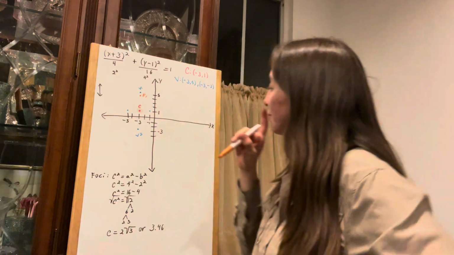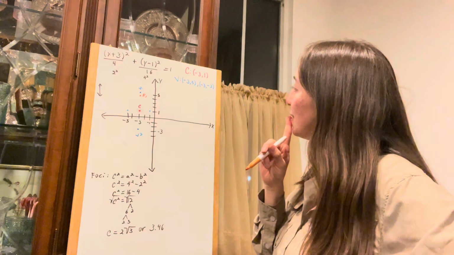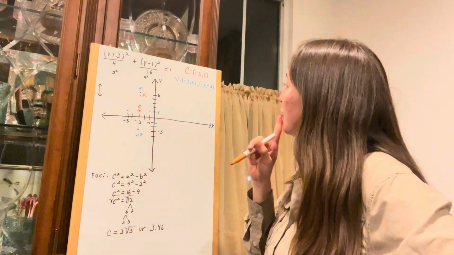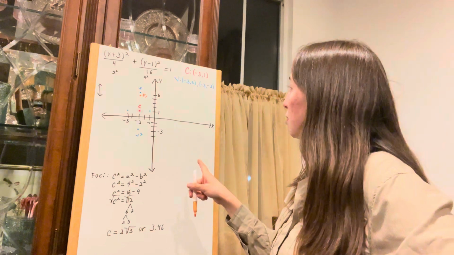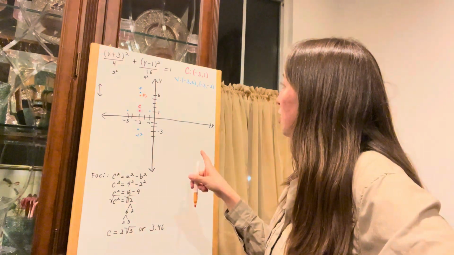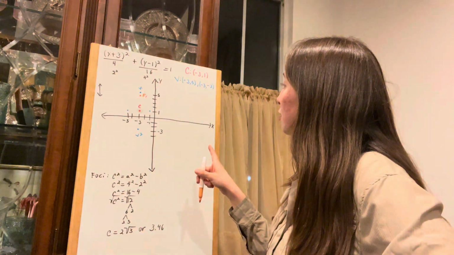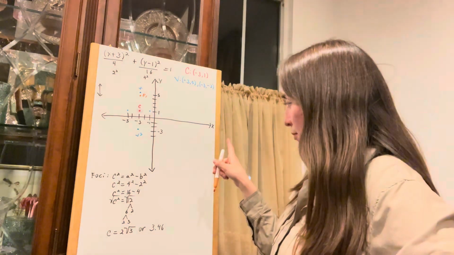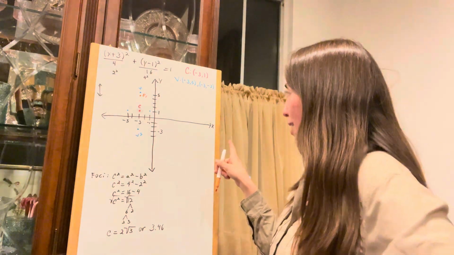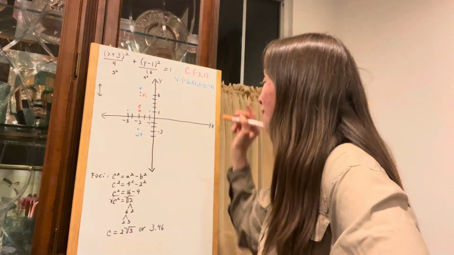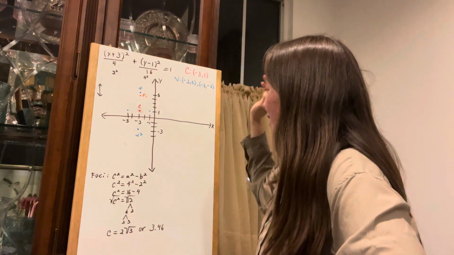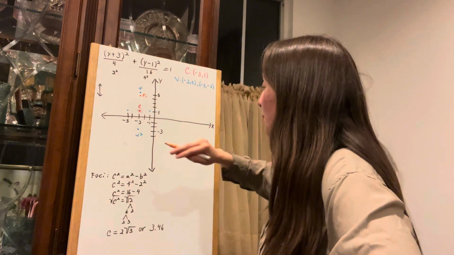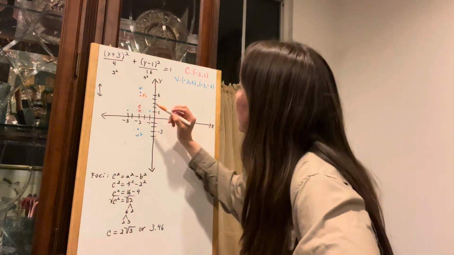V2 would be down. Oh my gosh. Why am I questioning this? It's 3.46. I'm supposed to be going down 4 for this.